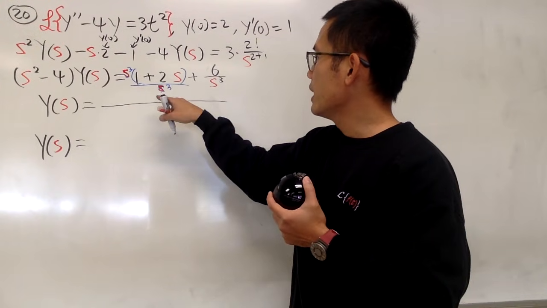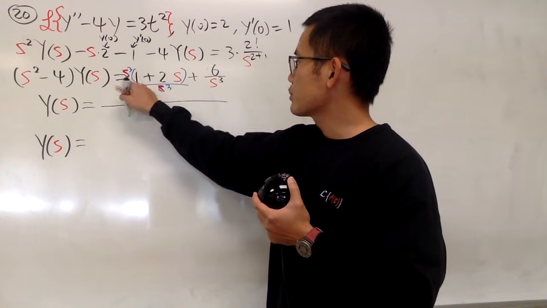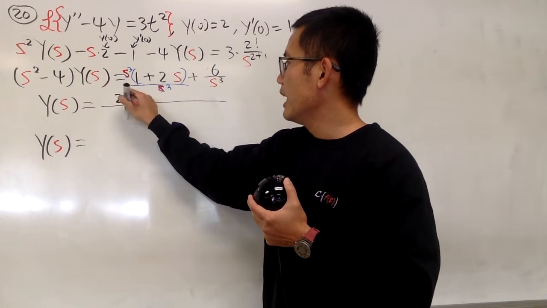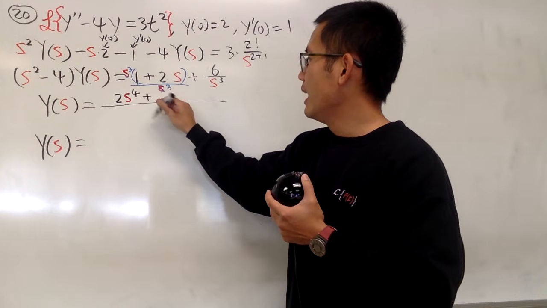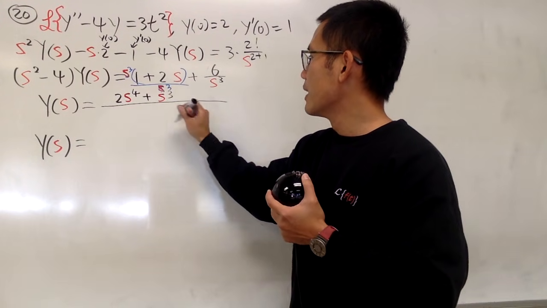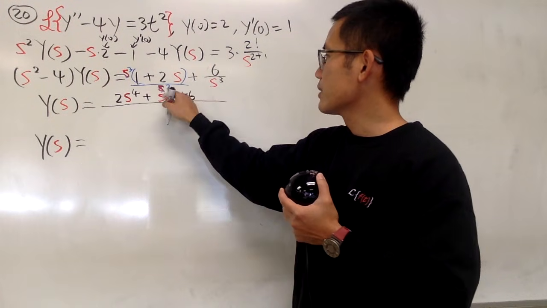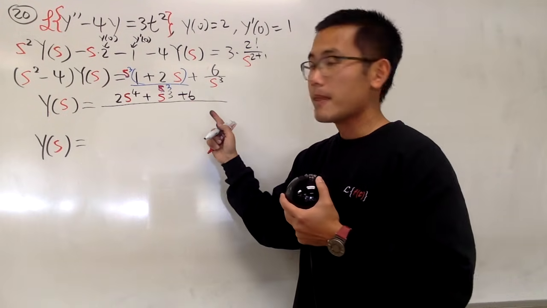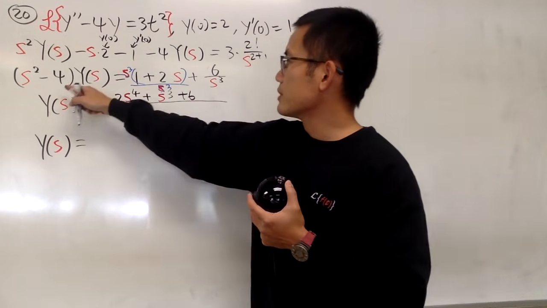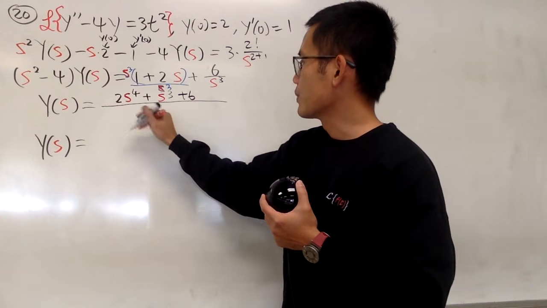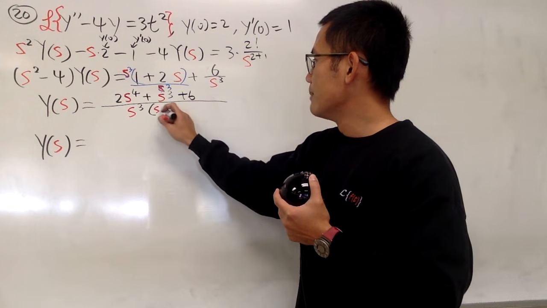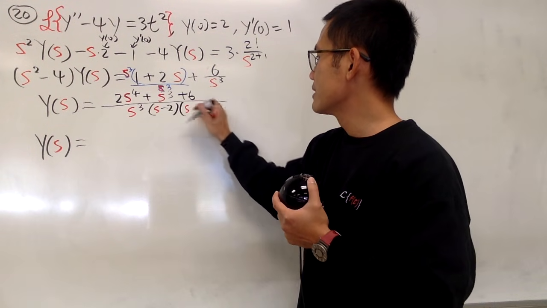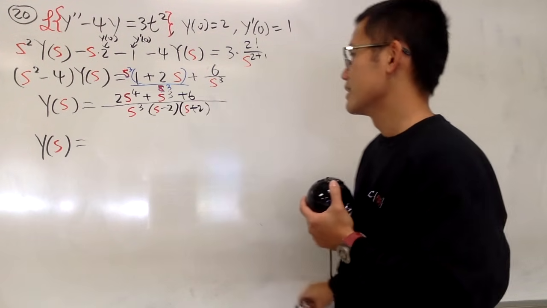So what you will get is 2s to the fourth power, and then plus s to the third power, and then plus 6. Right? So just get the common denominator, all that stuff. And then I will just divide that right here as well. So we have the s to a third power here, and then divided by s minus 2, and then s plus 2.